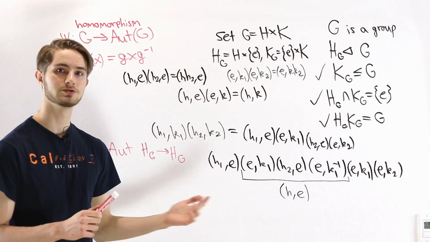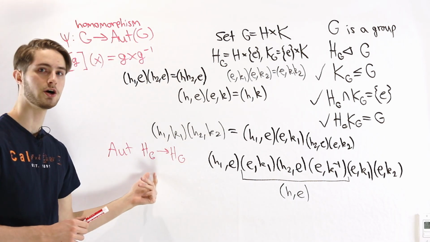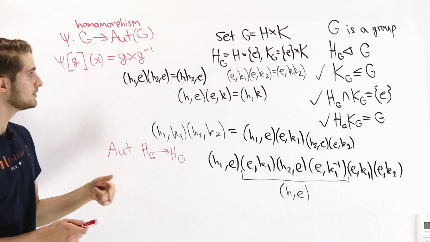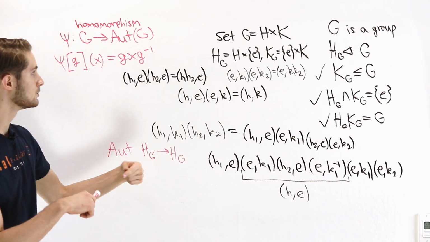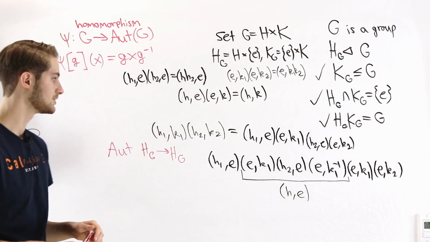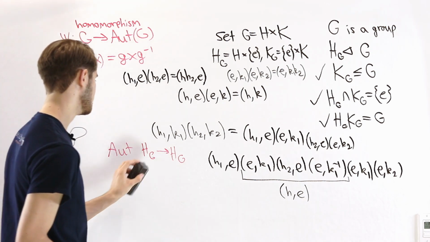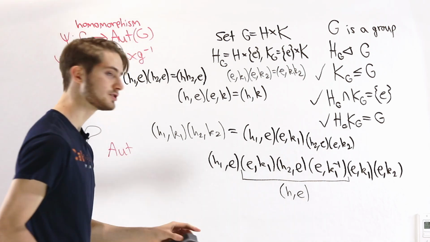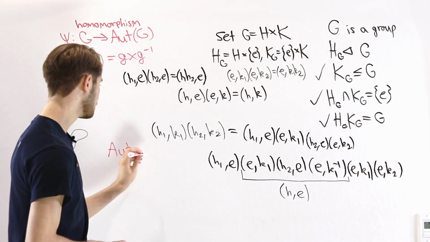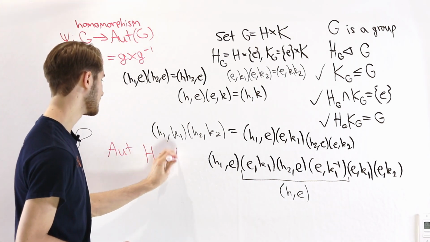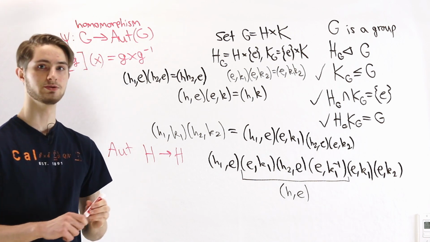The e doesn't really affect the way that an automorphism works, because we know that H sub G is isomorphic to the original group H. So we can describe an automorphism from H sub G to H sub G just by looking at the single group H. So we're looking at an automorphism from H to itself.